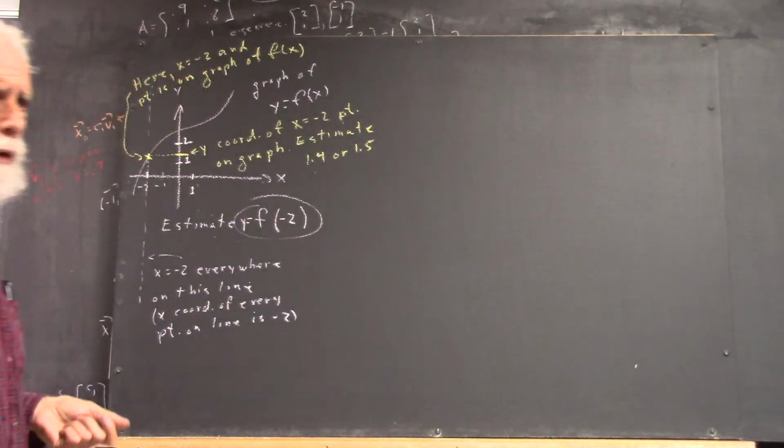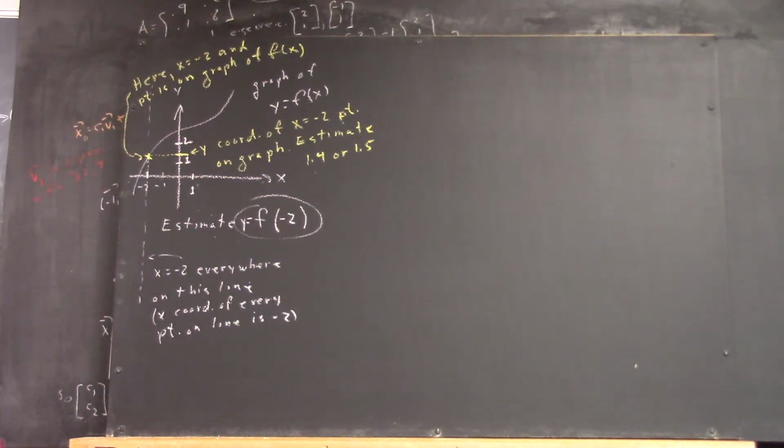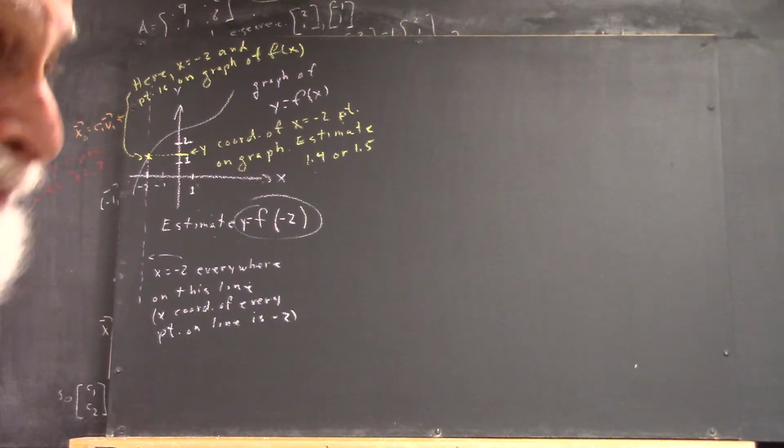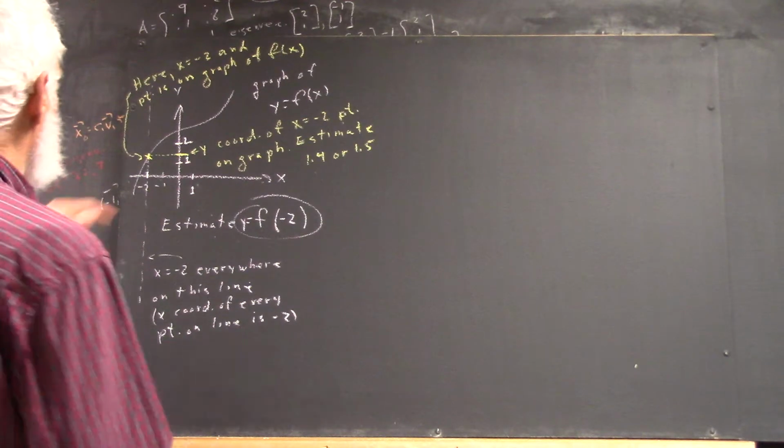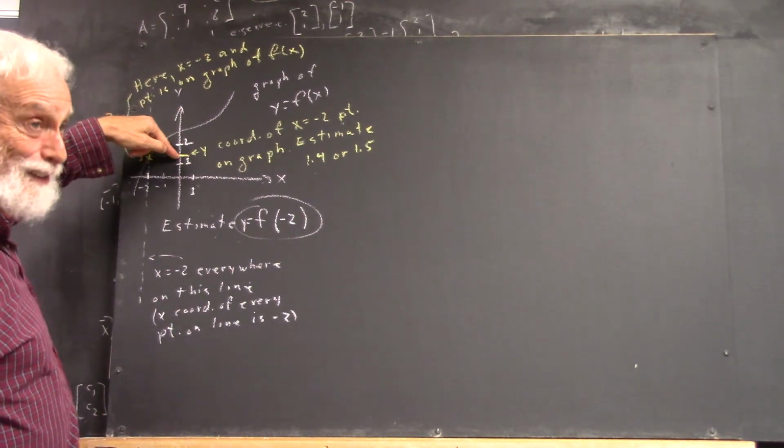We could estimate 1.4 or 1.5, and those would both be reasonable estimates. You know, 3.4 is not a good estimate. No. Because 3 would be all the way up here and we're down here, right?